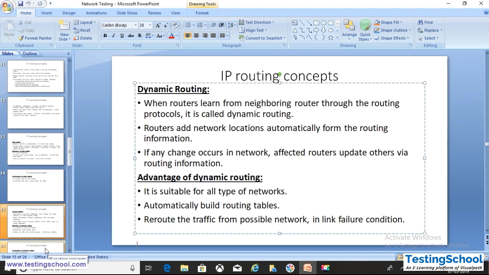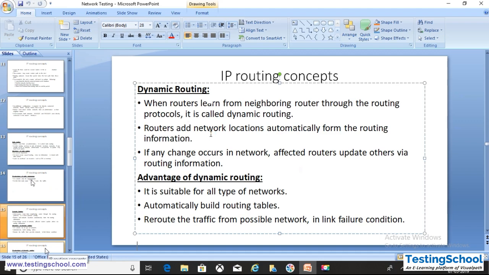Now, routing updates. As we discussed in dynamic routing, routers will share their routing information with other routers. Routing update is a mechanism of sharing information with a neighboring router.